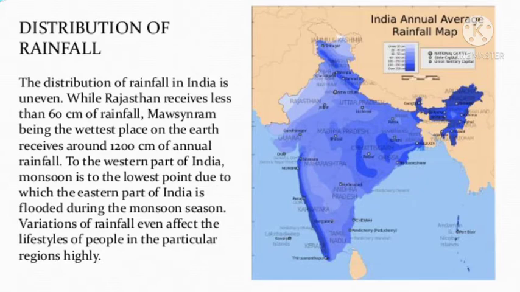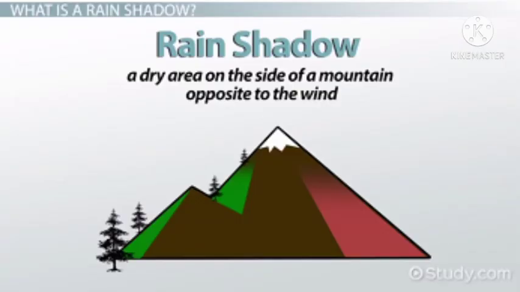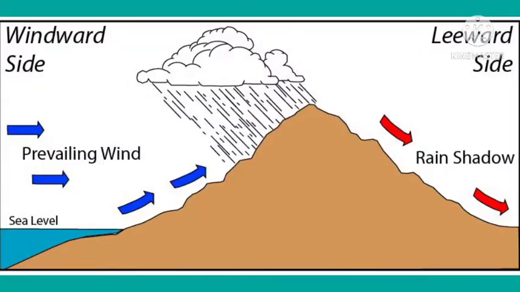So what are the rain shadow areas? Students, as you can see in this picture, the side of the mountain which does not get much rain is known as the rain shadow. The winds after crossing the summits of the mountains descend along the slopes on the other side of the mountain, which are too high, as in the case of the Himalayas, which render Tibet a dry region.